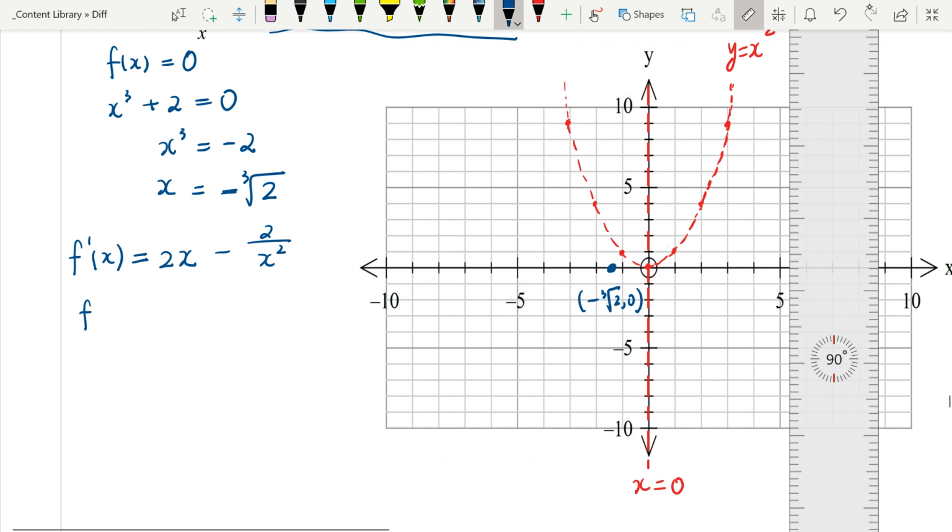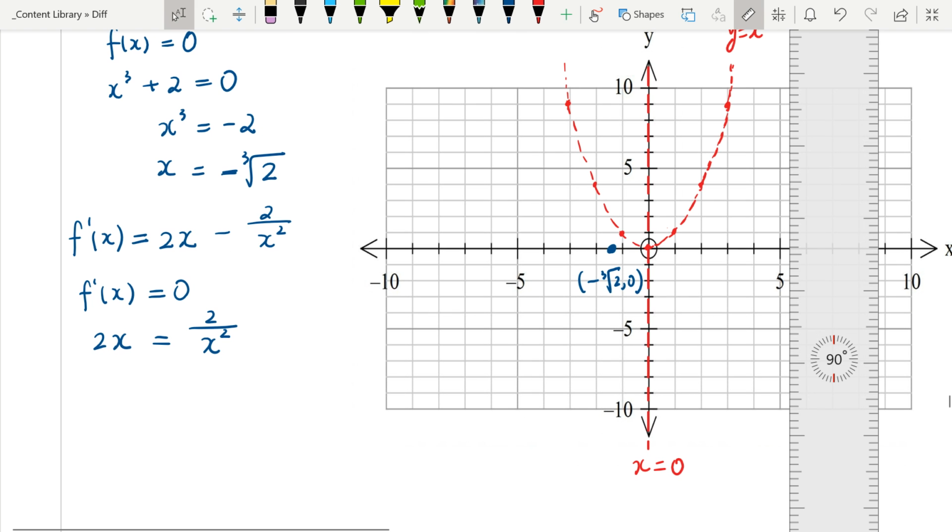So f dash x equals 0. We have 2x equals 2 over x squared. So what's that? x cubed equals 1. Yeah, so we have x equals 1.